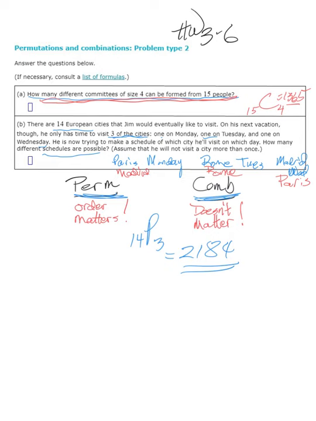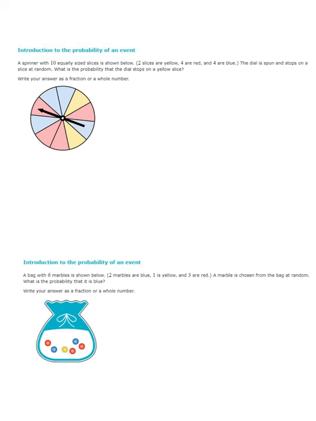Okay, next problem. Introduction to probability. So here we go. You've got a spinner here with 10 equally sized slices. It's important that they're equally sized. You've got 2 yellows, 4 reds, and 4 blues. You spin the dial. The question is, what is the probability that the dial stops on the yellow?